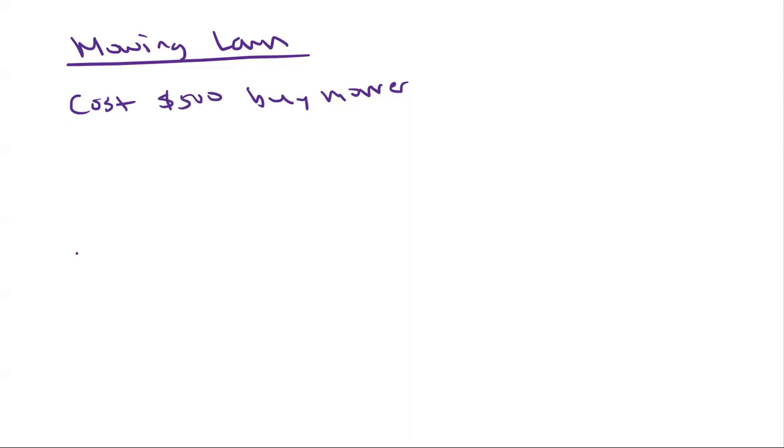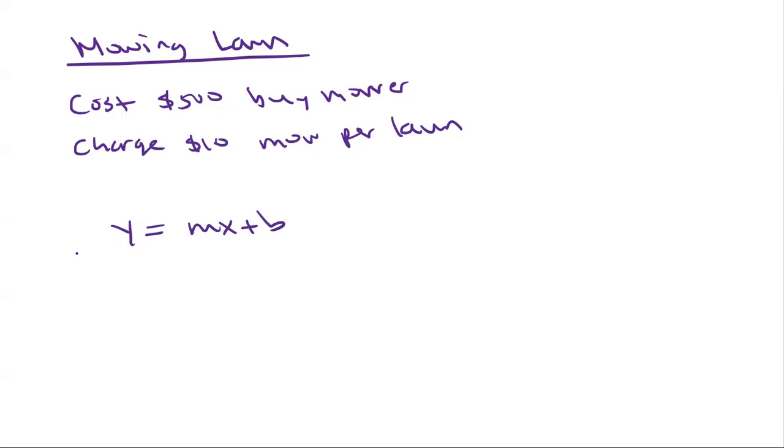Then you're charging, let's say, $10 to mow each lawn. So you're going to charge $10 to mow a lawn. I'm just keeping it simple. So again, we're going back to y is equal to mx plus b. And I always want to focus just on the m and the b here.